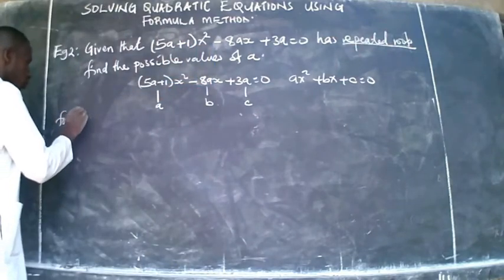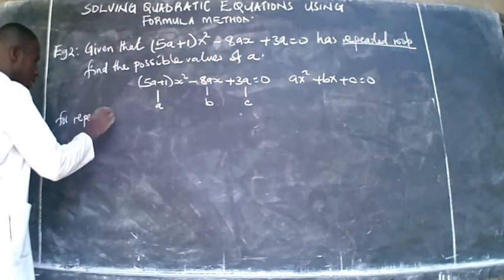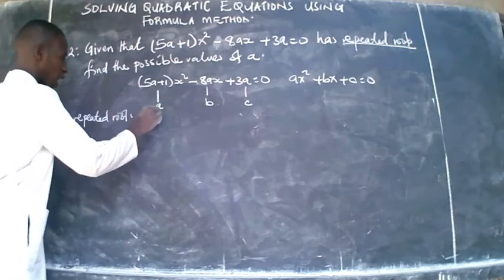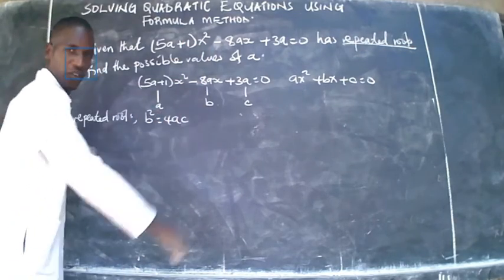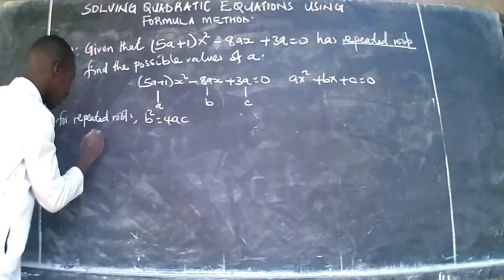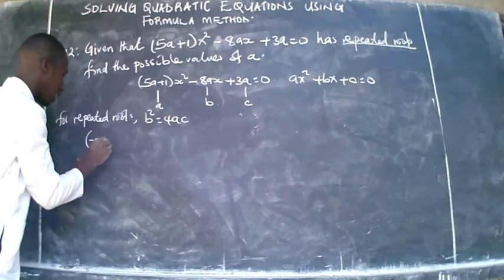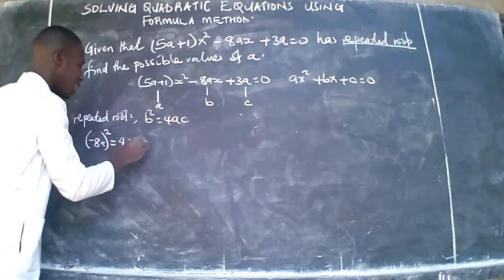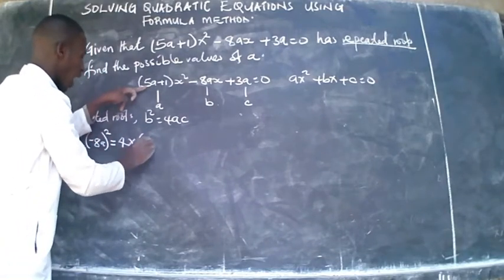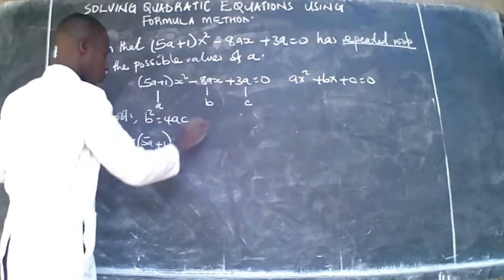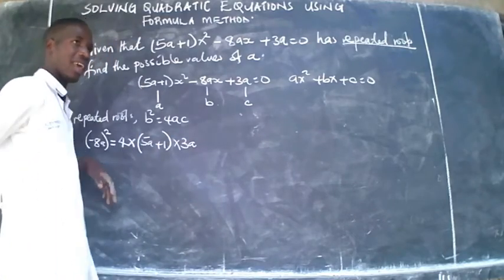For repeated roots, we expect b squared to be equal to 4ac. So if that's the case, then b squared, which is negative 8a all squared, is supposed to be equal to 4 times a, which is 5a plus 1, then times c, which is 3a.